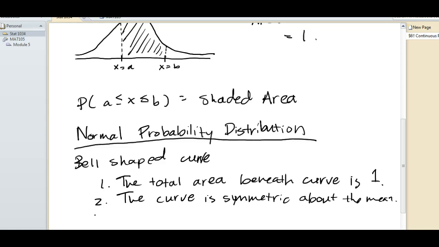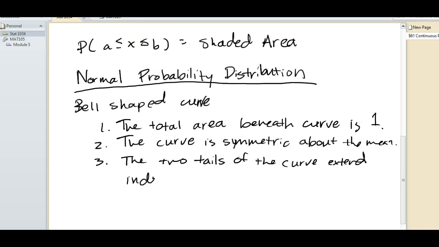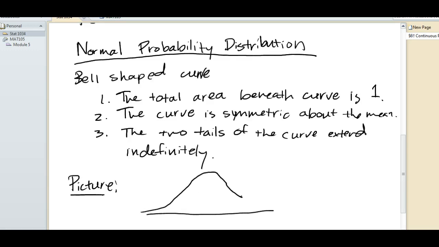And the last point is the two tails of the curve extend indefinitely. So they're basically asymptotic with respect to the x-axis. So the picture roughly looks like this. It's supposed to be perfectly symmetrical.